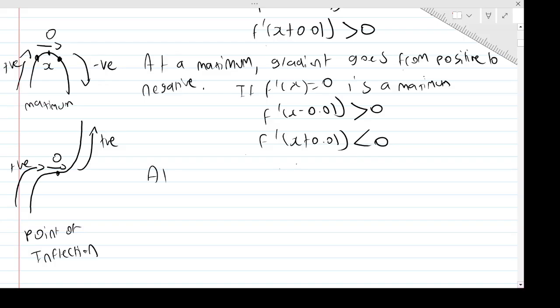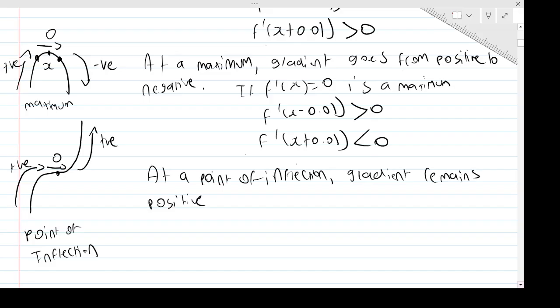So at a point of inflection, the gradient remains positive, but actually it could even be negative as well. If I flipped the shape the other way, let's say something like that, and make it a bit more accurate.